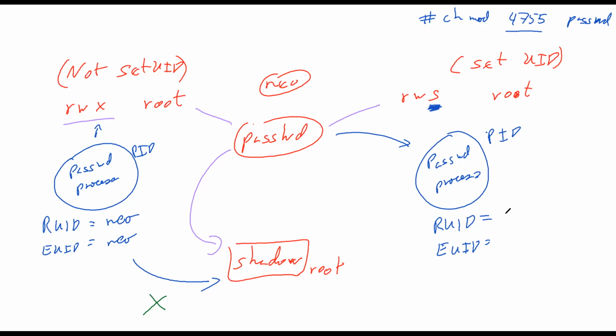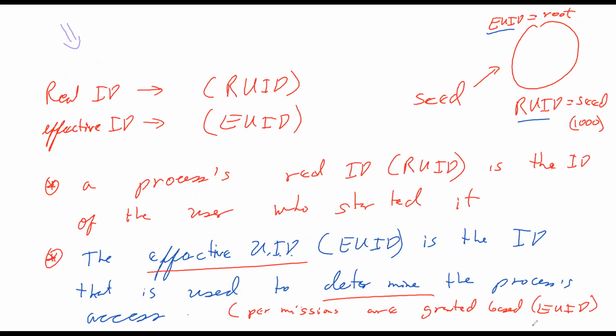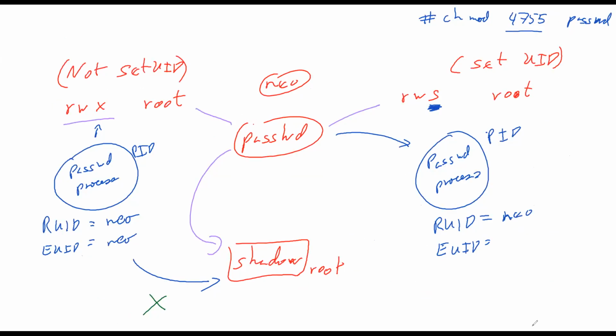So the real ID is whoever initiated, but the effective UID is the ID that is used to determine the process's access. And in this case, because of this mechanism, it will be root. And this time around, when root tries to access root, it will be allowed to do so.